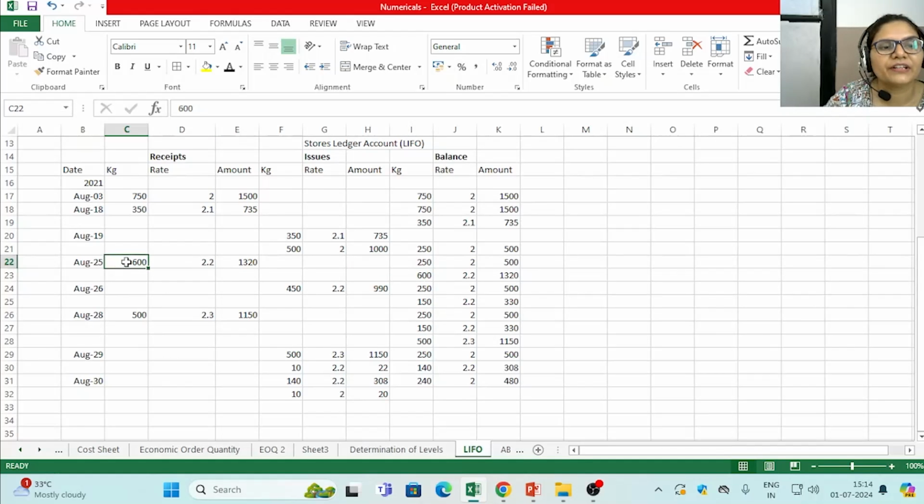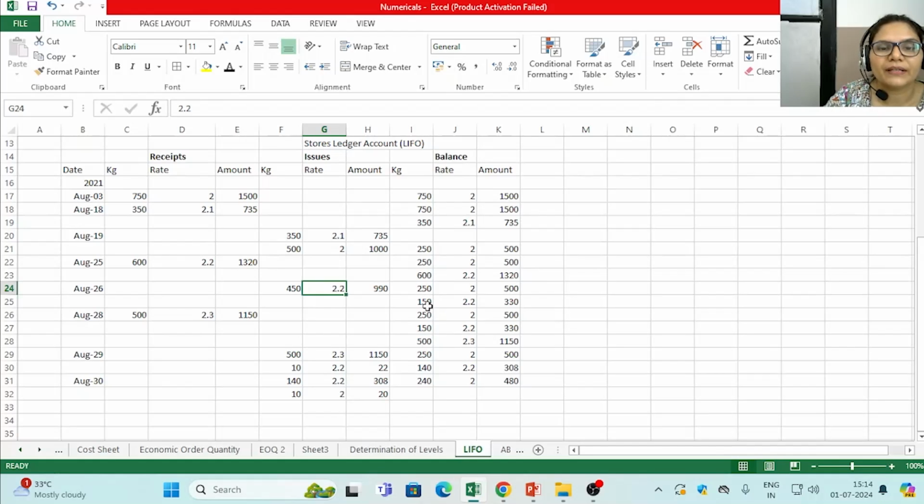Purchases of 600 were done on August 25. That's why, as it is a LIFO method, first I will issue the material quantity from the latest purchases, that is August 25. So out of 600 I have issued 450 units at the rate of rupees 2.2.